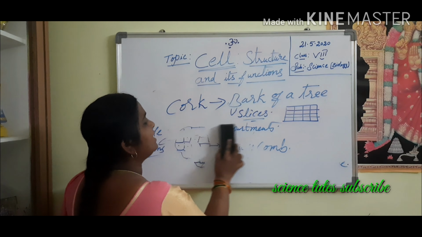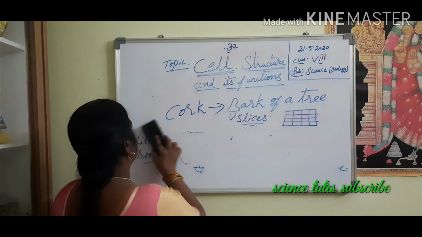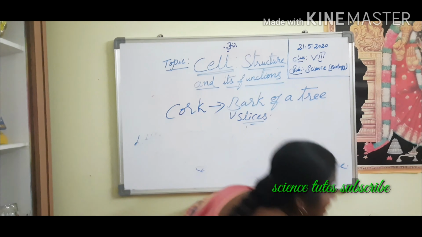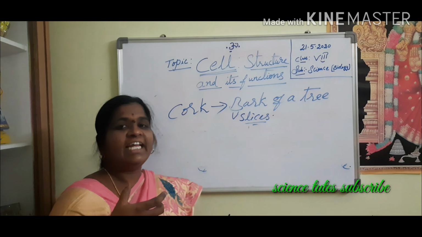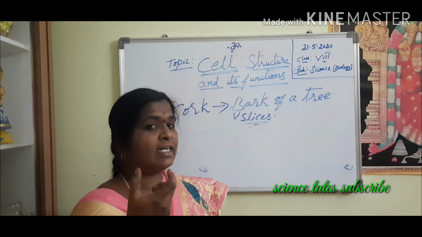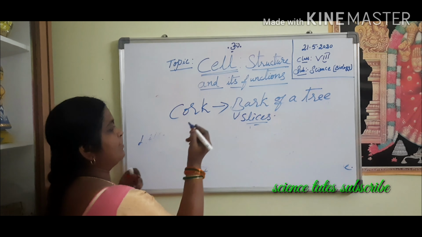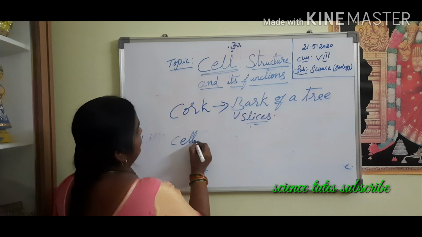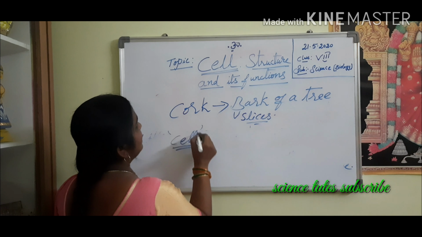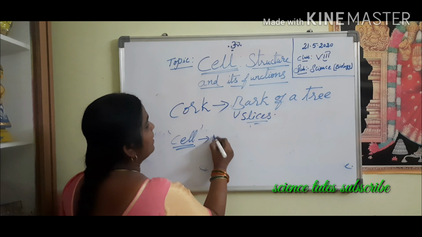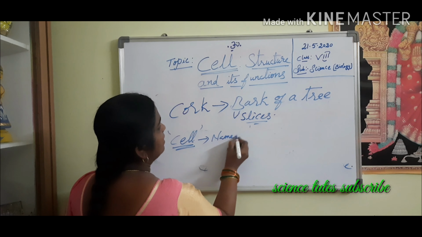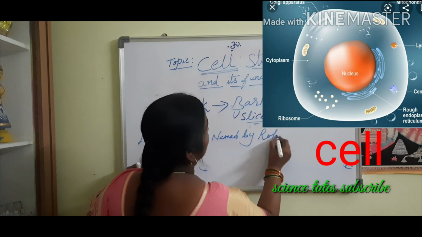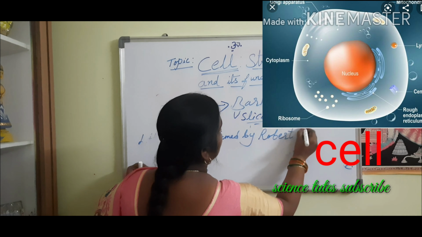For these compartments and these little rooms, he named one word. What is that name? It is cell. The word cell is named by whom? Tell me. Named by Robert Hooke.